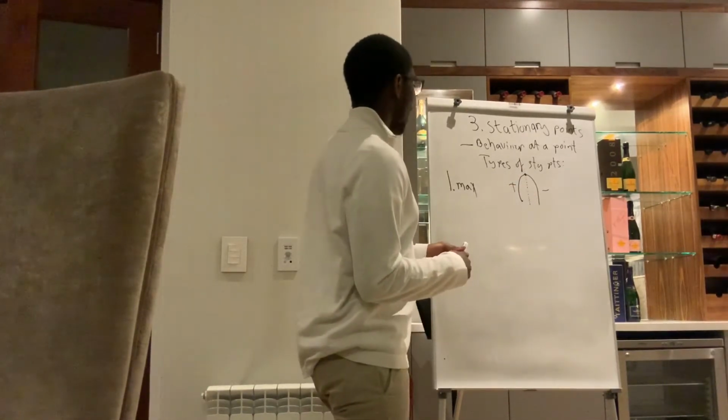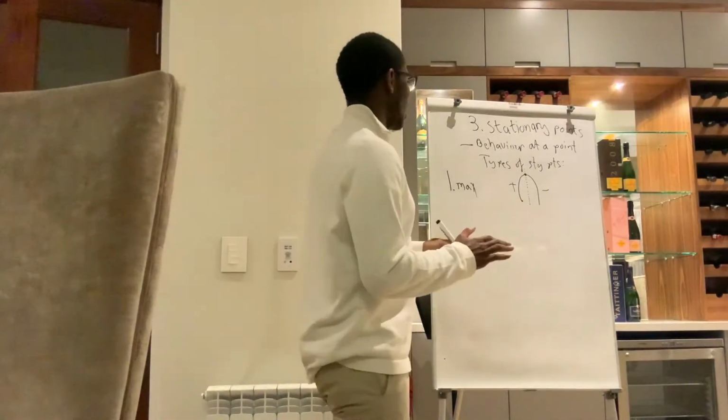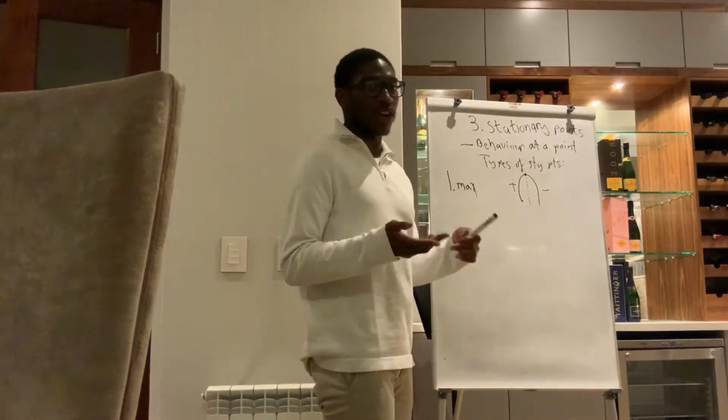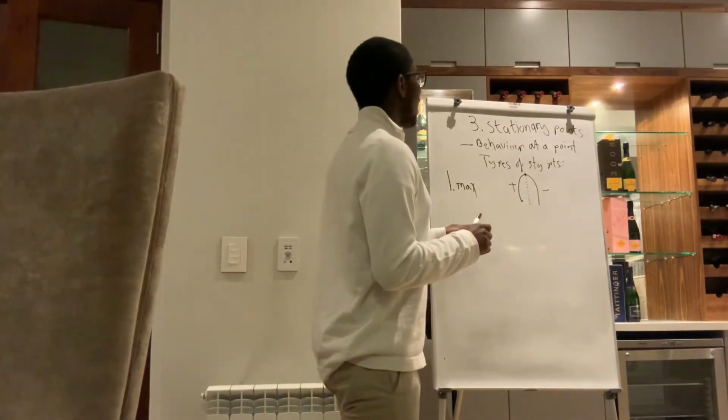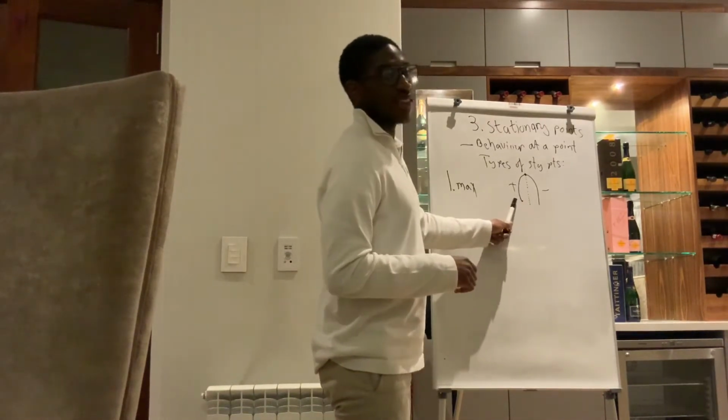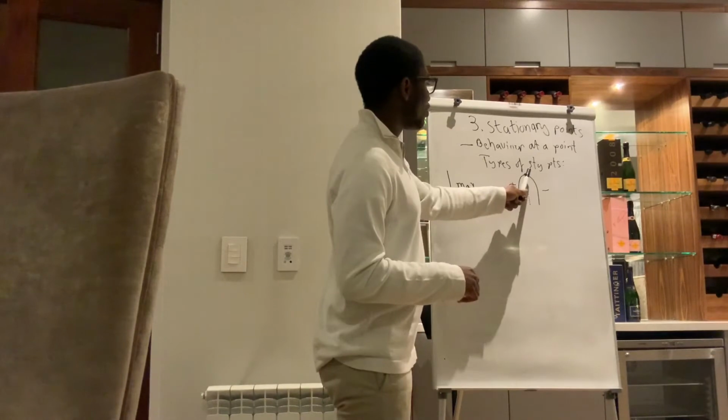But that's one way. I'm going to go into more detail about these ways, but I want you to understand why they work first. Another way of identifying it is thinking about the rate of change going from positive to negative.